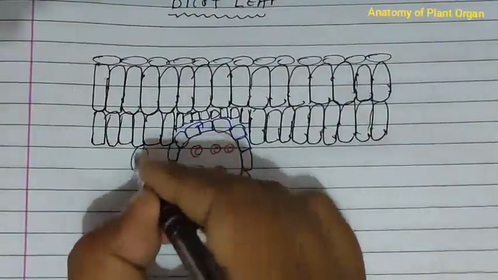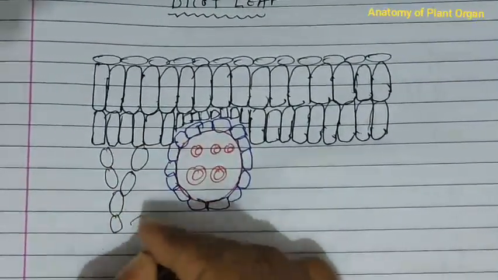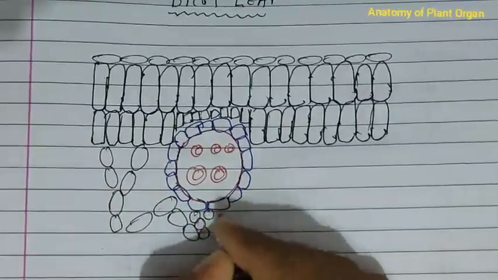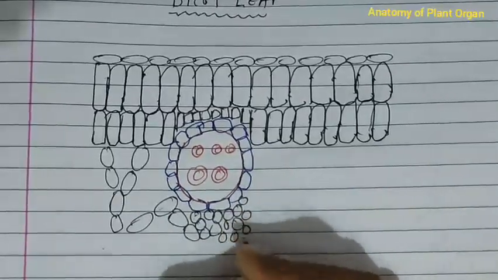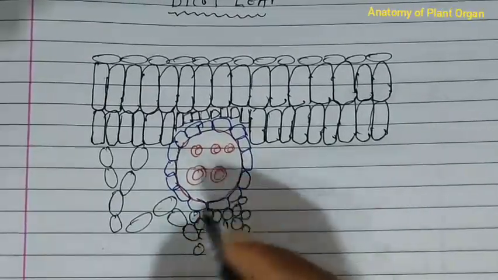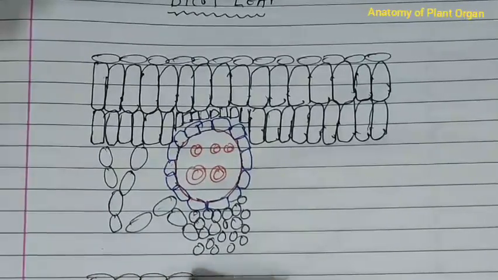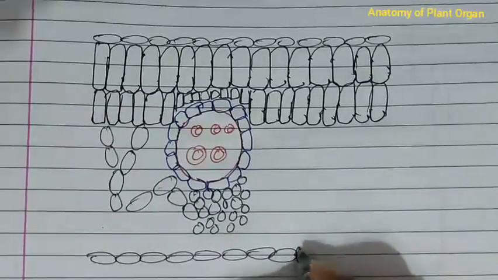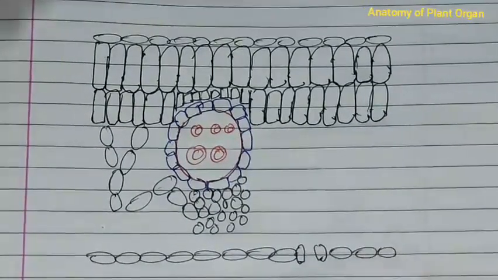Then they have another mesophyll, which are free and have intercellular spaces, and this is lower epidermis. Now in lower epidermis we find a presence of stomata.